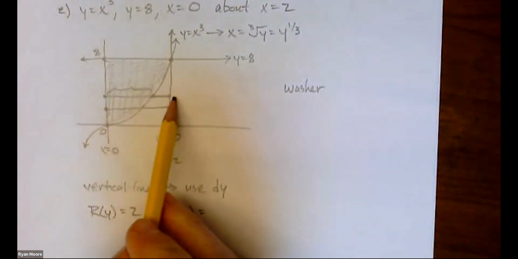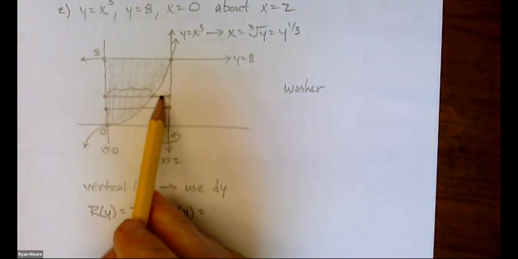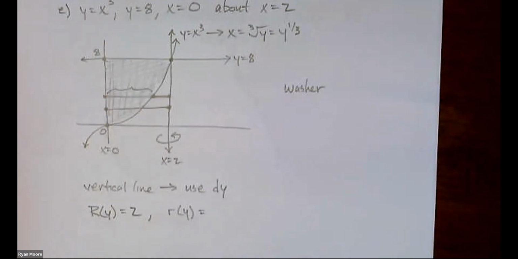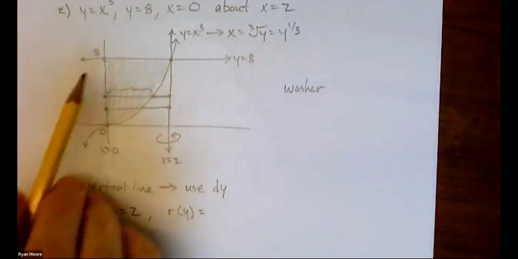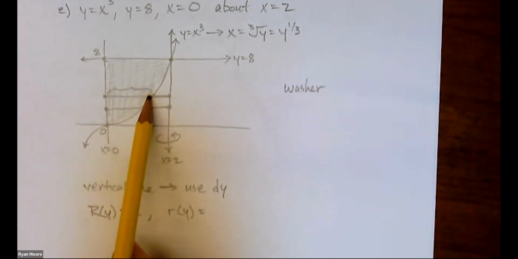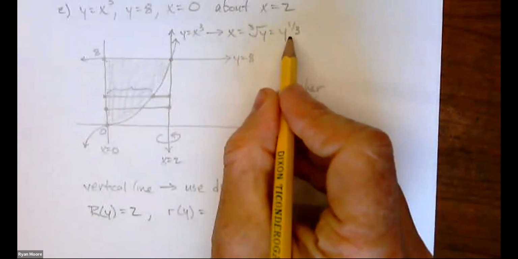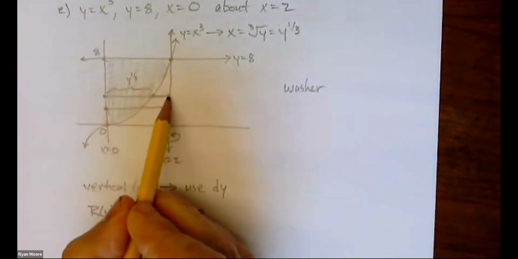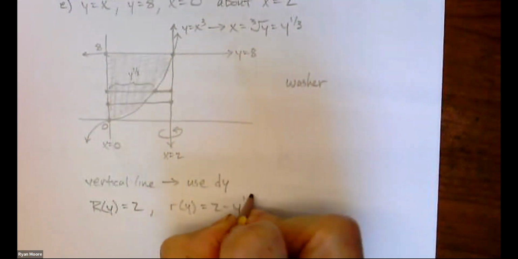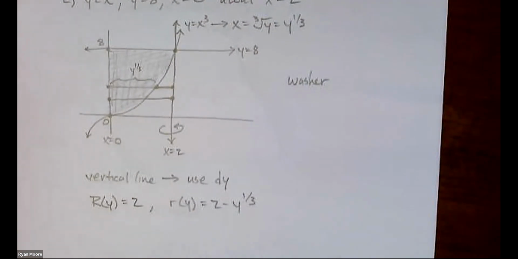If we know the whole thing is 2 and we can figure out this portion, then if we subtract them, we can get what's left. We're taking advantage of starting from an axis and then going out to the function. So starting on the y-axis and moving out to the function, isn't that cube root y, or y to the 1/3, that distance here. And the whole thing is 2, so r of y is 2 minus y to the 1/3. Oh yeah, that's how we'll do it.